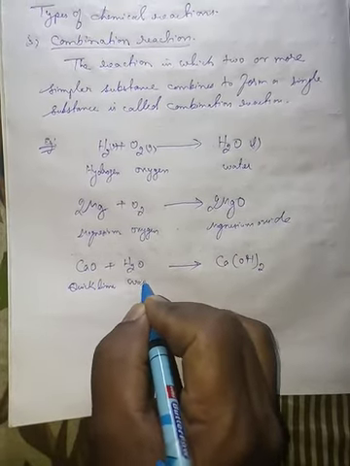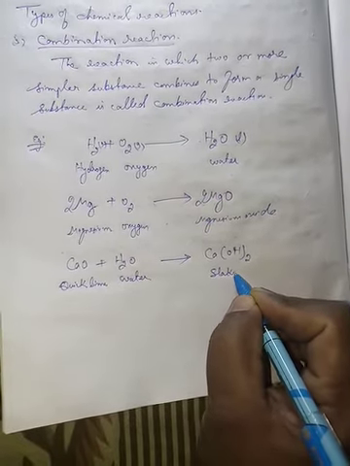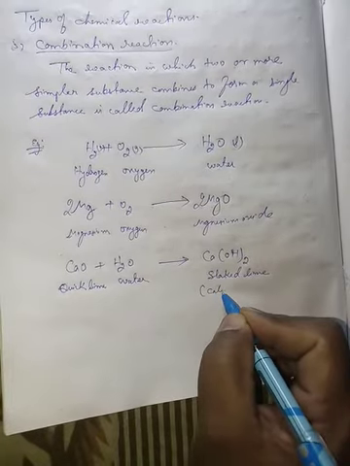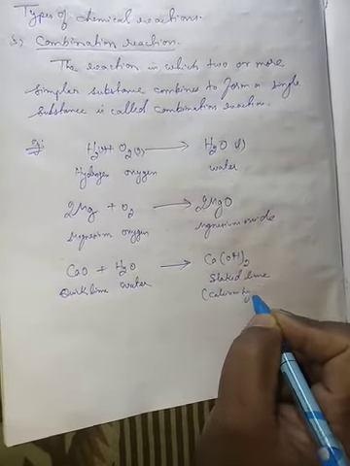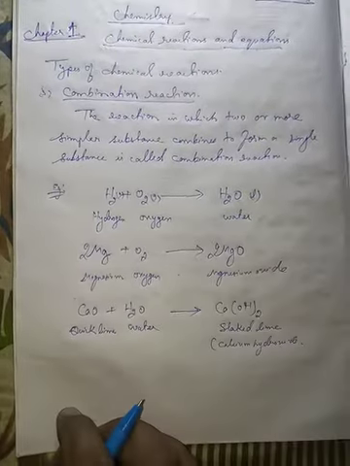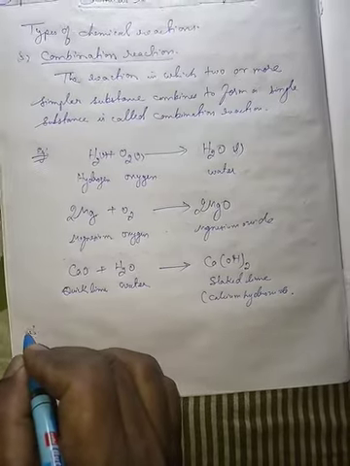Quicklime reacts with water to form slaked lime, that is also known as calcium hydroxide. Clear?